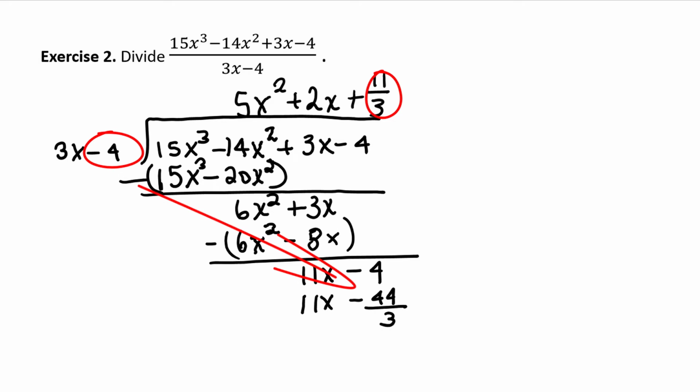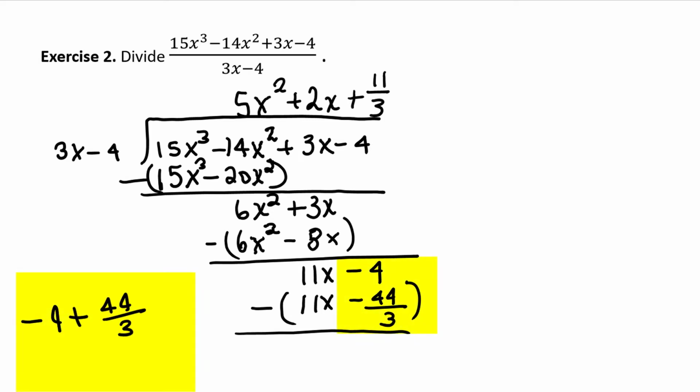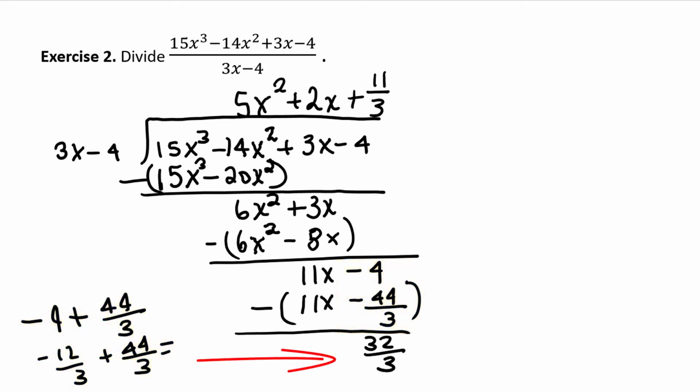And remember, we have to subtract this anyway, so let's subtract. 11x minus 11x is 0. Now you have to perform, and if you need to, go to the side and write -4 minus negative, so that's add 44/3. You need a common denominator, so that's -12/3 plus 44/3, and that's equal to 32/3.